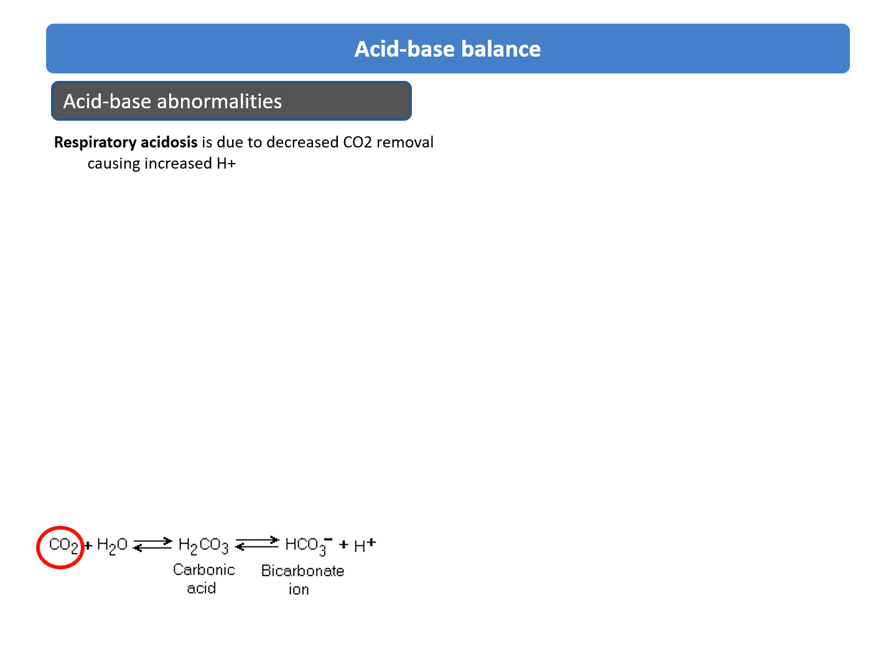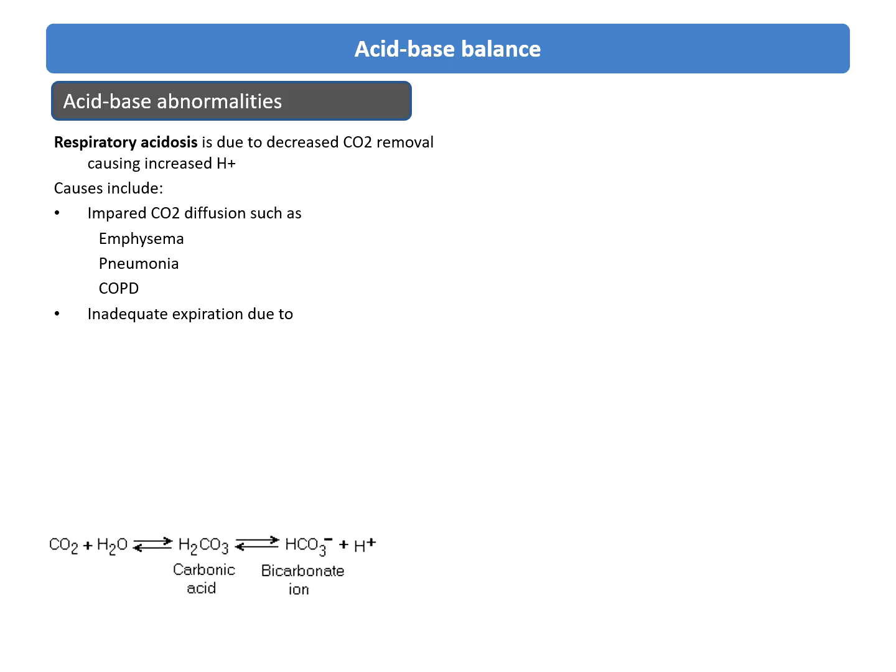Respiratory acidosis is due to a decrease in removal of carbon dioxide. So the carbon dioxide levels build up, the reaction shifts to the right, and an increase in hydrogen ion concentration occurs. Causes include impaired carbon dioxide diffusion. Remember, it diffuses from cells to blood and then from blood to the alveoli and out. Emphysema might be a cause. Pneumonia is another one. And COPD. Inadequate expiration might be due to chest trauma, thoracic surgery, blocked airways.